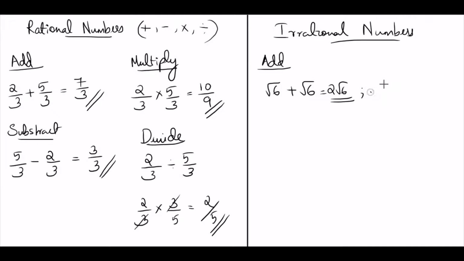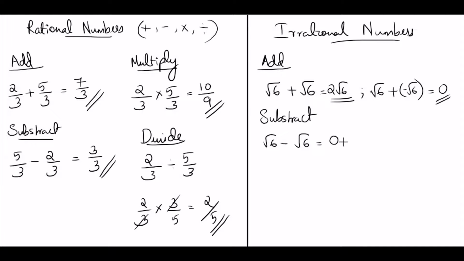Now let's take root 6 and minus root 6. Both are irrational numbers. When you add them, you get 0 as the answer. 0 is a rational number. Now let's see subtraction between two irrational numbers. Root 6 minus root 6 is 0, so you get a rational number.